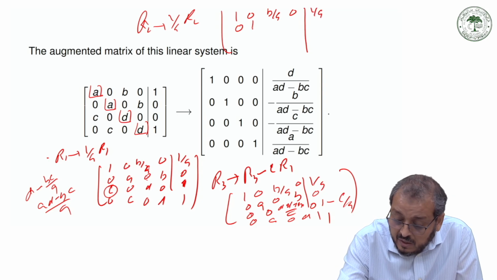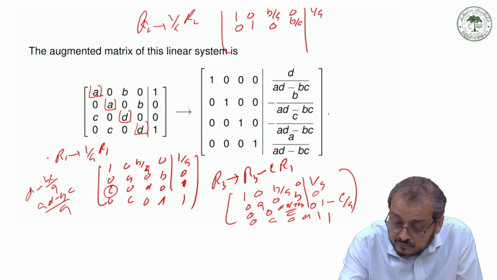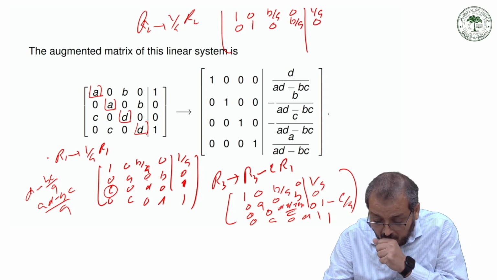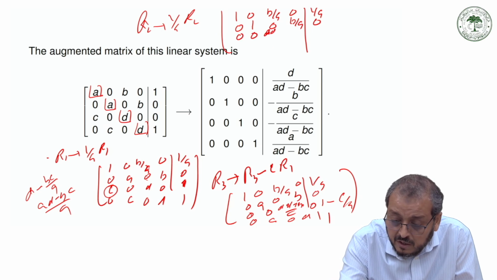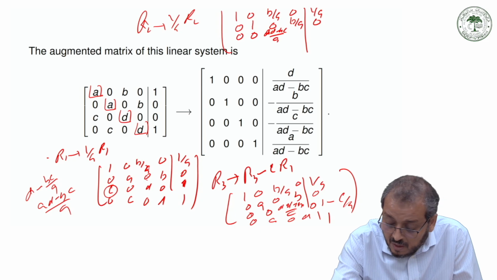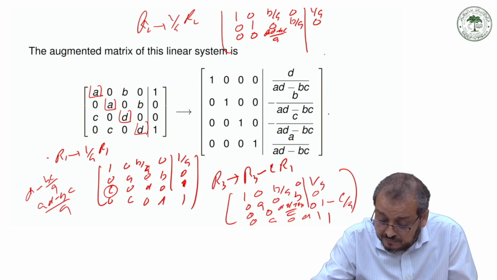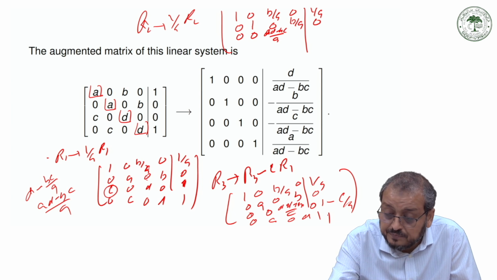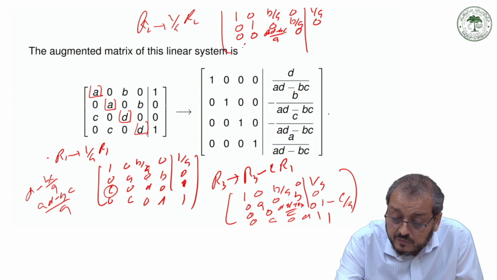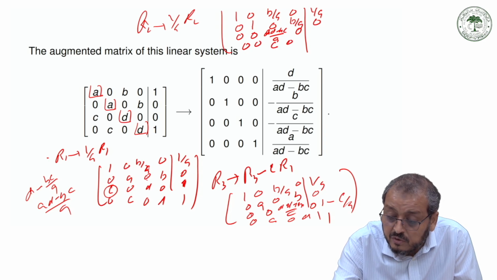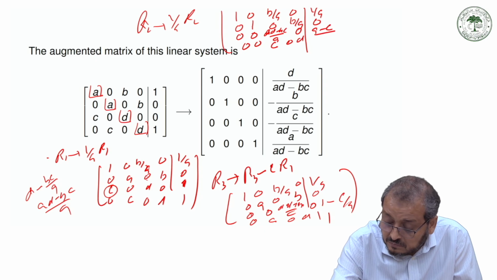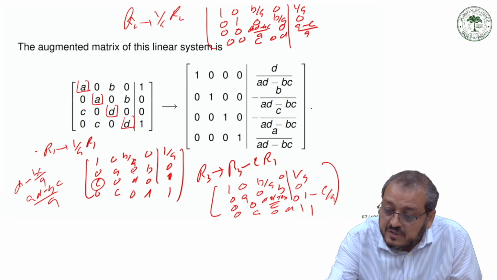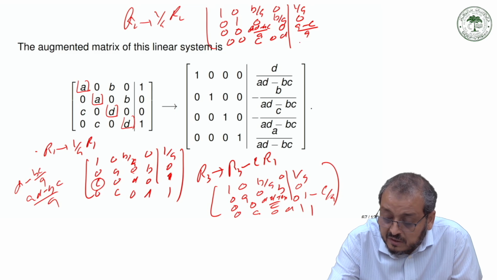Now 1 and you have 0, b/a, then 0. Next term is 0, 0, d minus bc upon a, sorry, and then you have (ad minus bc) upon a, 0, and then 0, 0, c, and 0, d, and then minus c upon a, and then this is equal to 1.